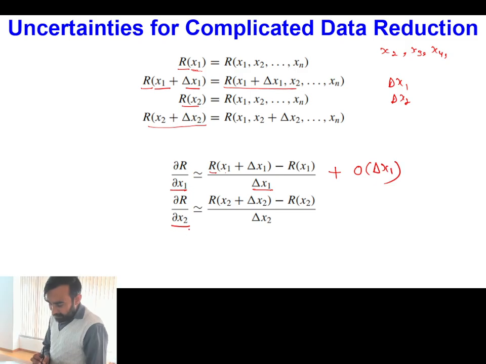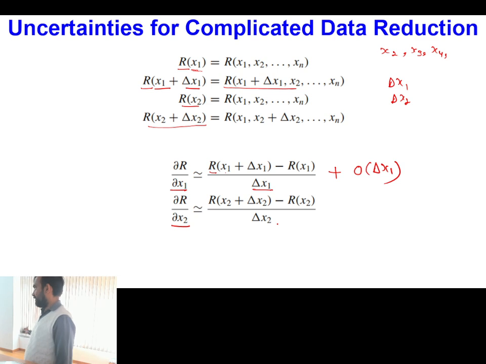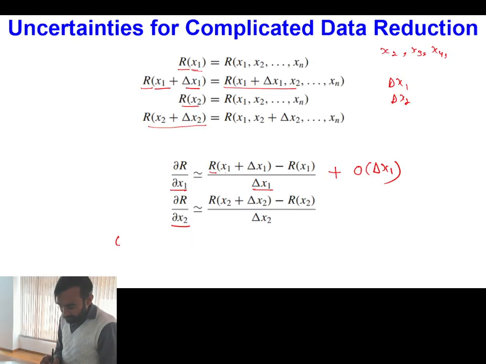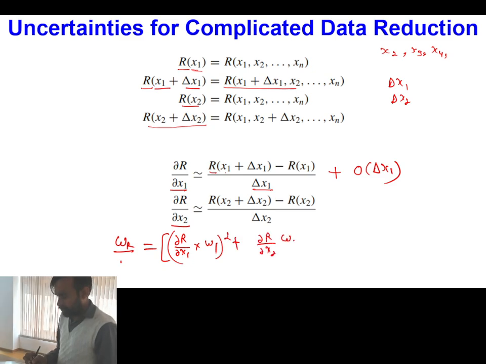Likewise, del r by del x2 you can also calculate, and del r by del x3, up to del r by del xn. In this way, what is our final uncertainty? Wr is nothing but the square root of del r by del x1 into w1 squared plus del r by del x2 into w2 squared plus so on, up to the whole power 1 by 2.